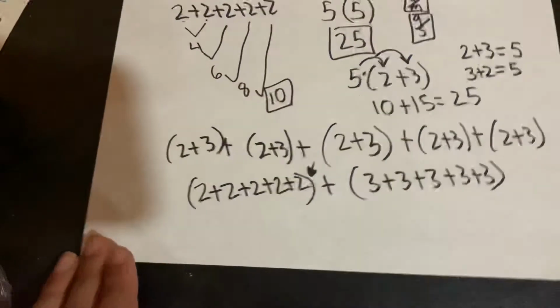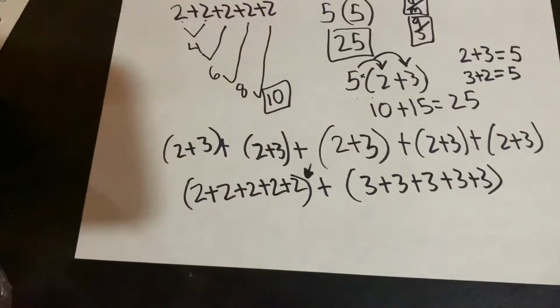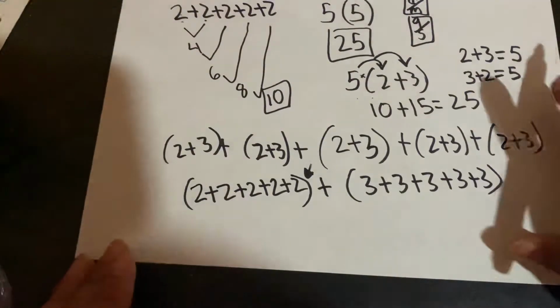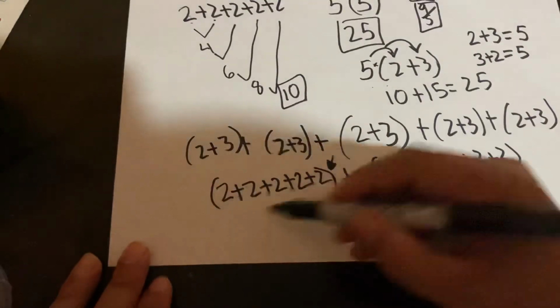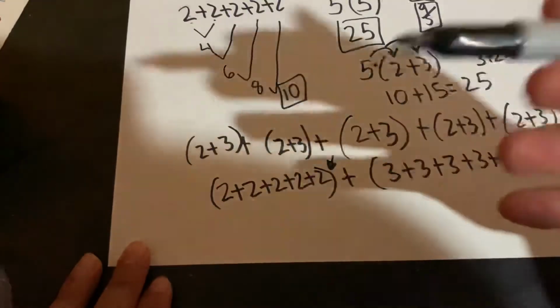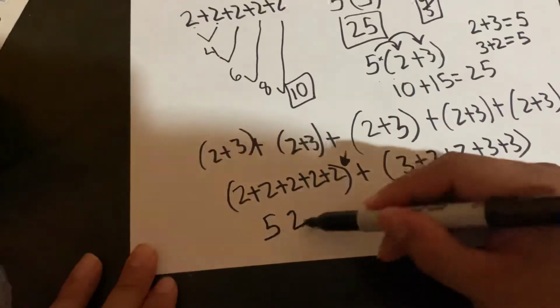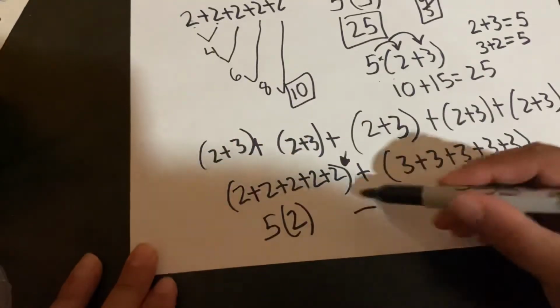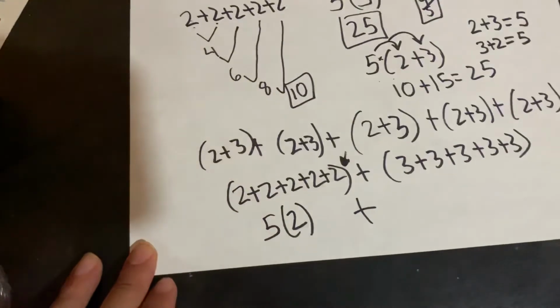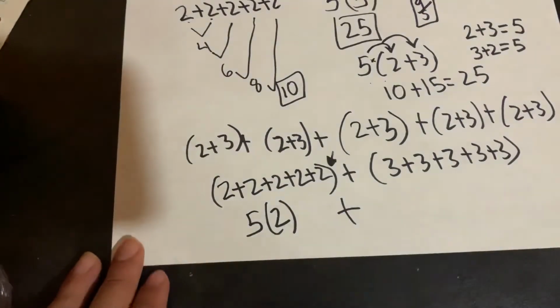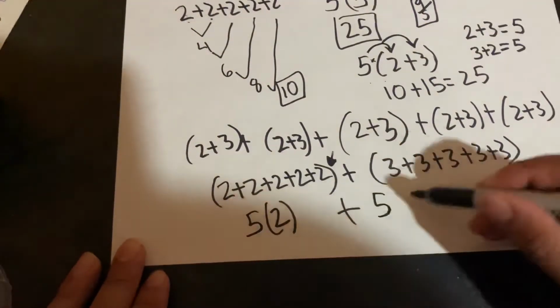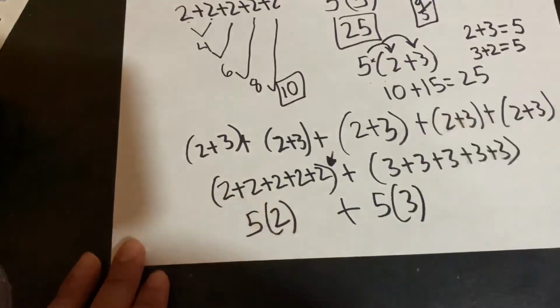Just like so. Now, I know how to add faster. It's by multiplying. So if I want to add 2 5 times to itself, that's just 5 times 2. If I want to add 3 5 times to itself, well, I can just multiply 3 by 5 instead of adding.